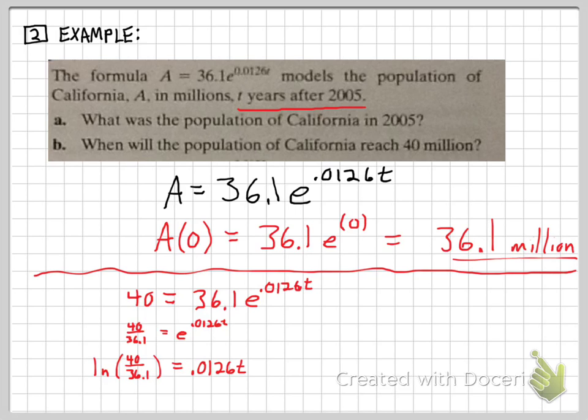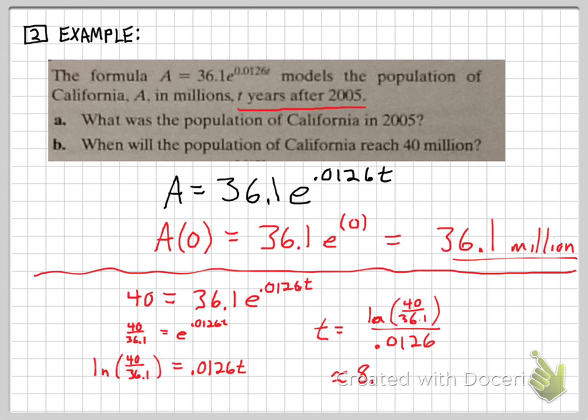And I'm very close to my answer because t is going to be ln of 40 over 36.1, divided by that number 0.0126. And again, a meaningful answer is helpful here. I think that turns out to be 8.1, about.